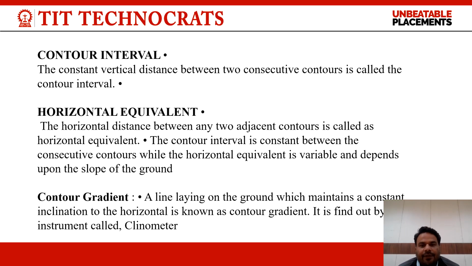The contour interval is constant between consecutive contours, while the horizontal equivalent is variable and depends upon the slope of the ground. Contour gradient: a line laid on the ground which maintains a constant inclination to the horizontal is called a contour gradient.